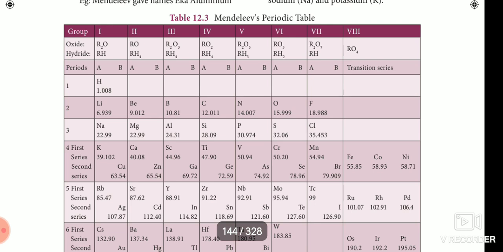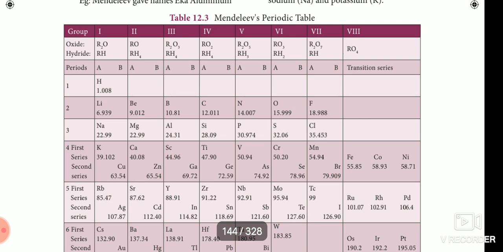Then the fourth period: in the fourth series and the second series, in the A and B columns are potassium and copper, so 2 elements are present. Then next calcium Ca and zinc Zn, 2 elements. Next scandium and gallium, 2 elements.